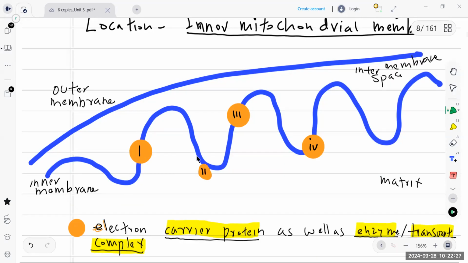There are also 2 subunits we can find here and here, which are additional electron carrier protein complexes, but we mainly focus on 1, 2, 3, 4.